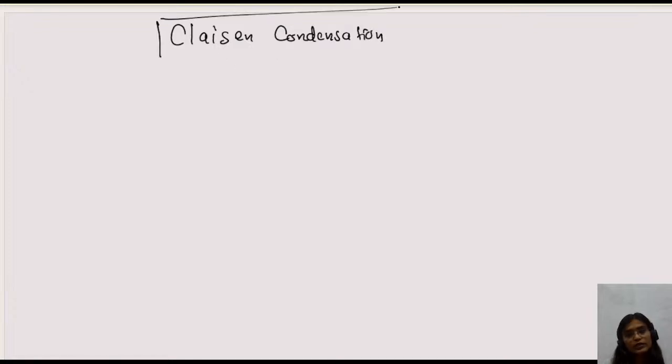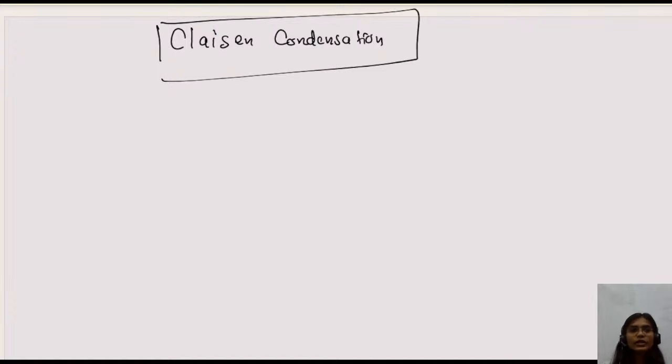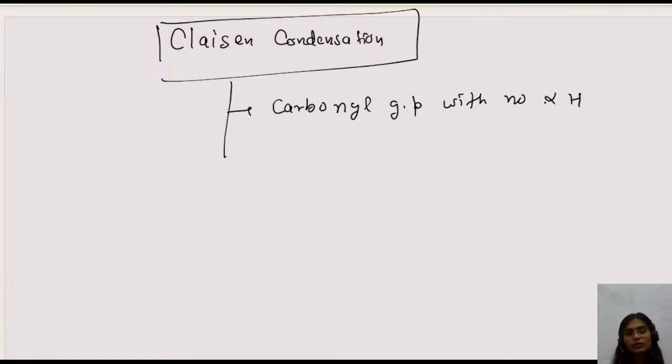So what is the meaning of this? In this case, what is the very important point? Remember the aldol condensation, where we discussed a carbonyl group with at least one alpha hydrogen. But in this case, the key point is a carbonyl group with no alpha hydrogen. This is point number one.